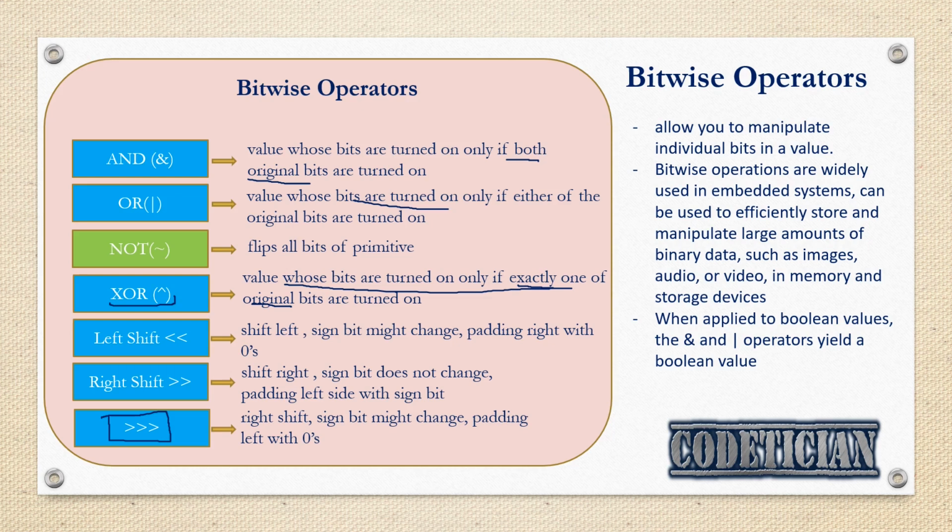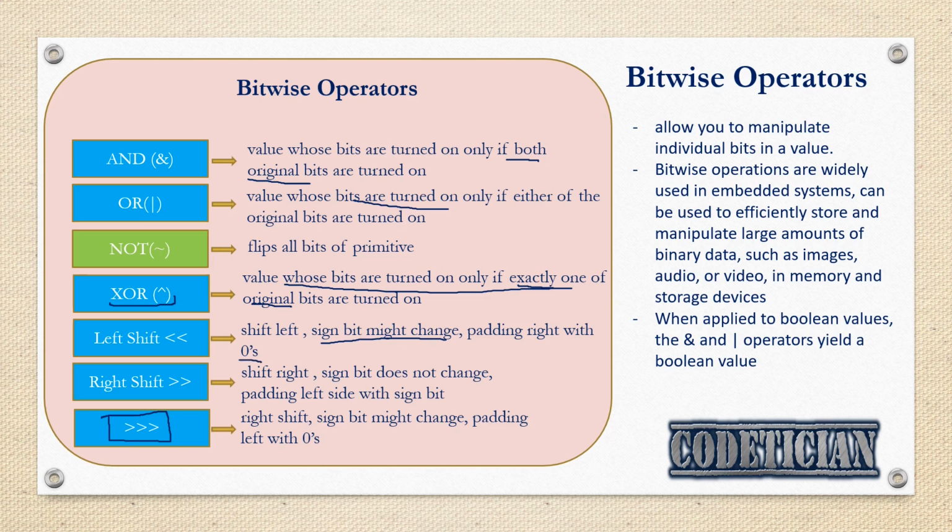When we shift left, the bits are shifted toward the left-hand side. This can cause a change in the sign bit because our sign bit is at the leftmost position. And when we shift values to the left, you have to fill something on the right-hand side, and we pad with zeros.